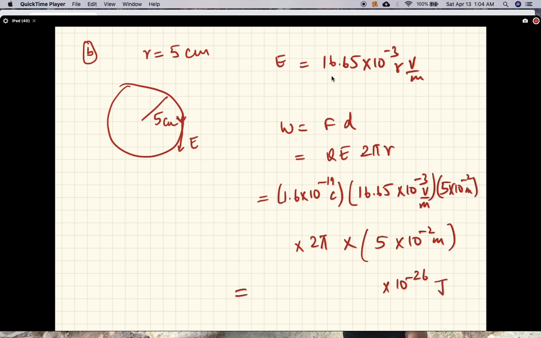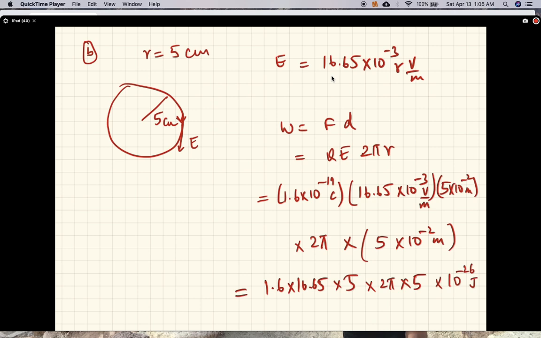And since it's work done, that will work out in joules. 1.6 into 16.65 into 5 into 2 pi into 5 into, what was the power of 10 again? 10 minus 19, minus 22, minus 26 joules.